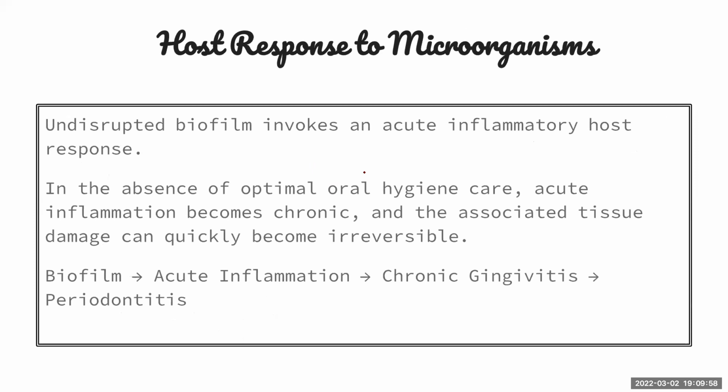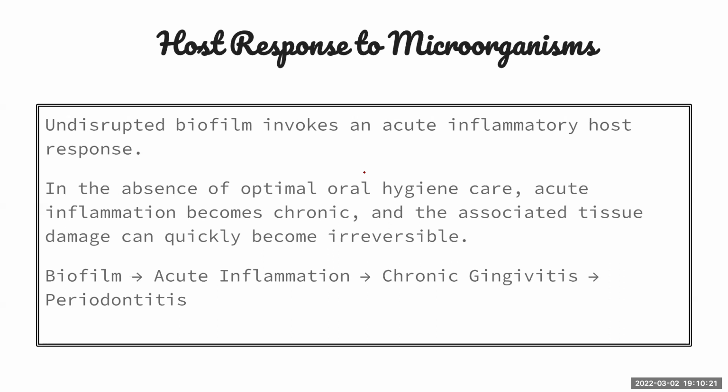So undisrupted biofilm creates an acute inflammatory host response. In the absence of good oral hygiene, the acute inflammation becomes chronic. First stage is acute, very angry. It stays there, so that becomes chronic.